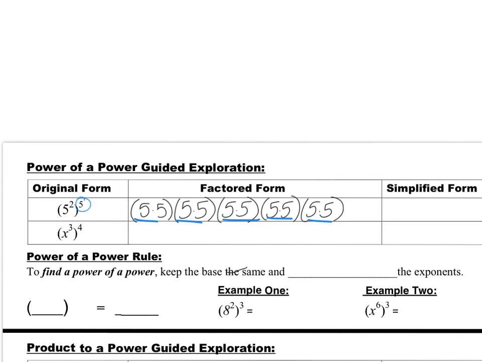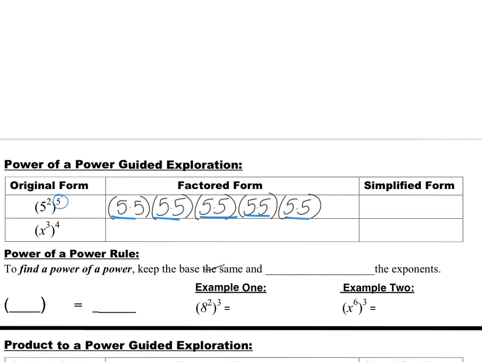And if I want to simplify this, what I have to do is figure out, well, how many 5s do I have? I have 1, 2, 3, 4, 5, 6, 7, 8, 9, 10. So this in simplified form is 5 to the 10th power.